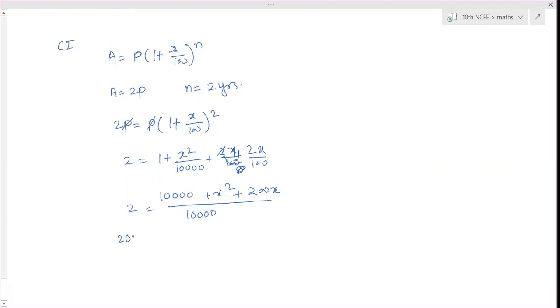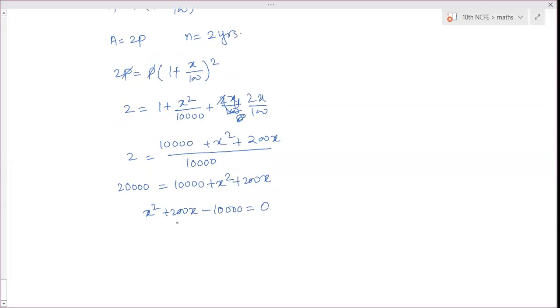So 20,000 is equal to 10,000 plus X square plus 200X. So X square plus 200X minus 10,000 is equal to 0. Now we have to factorize it. 600 minus 400, 600 and 400.